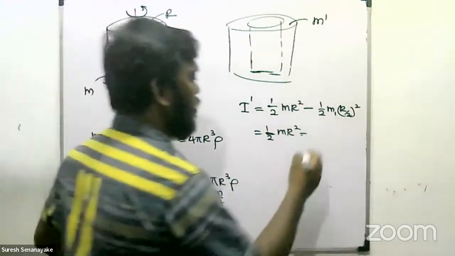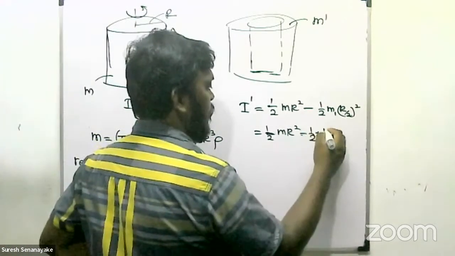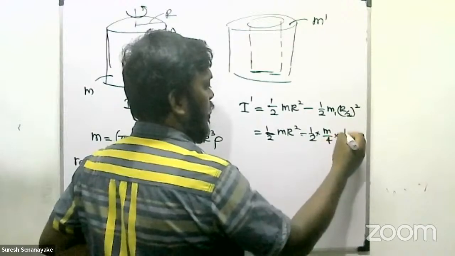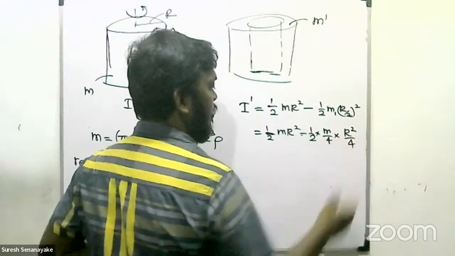So you can write this as m over 4 and r square over 4.